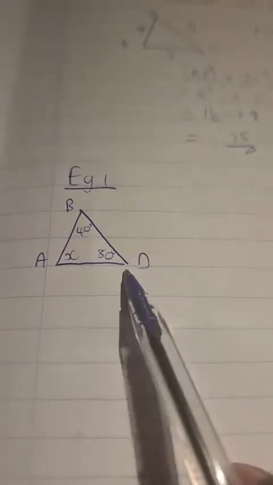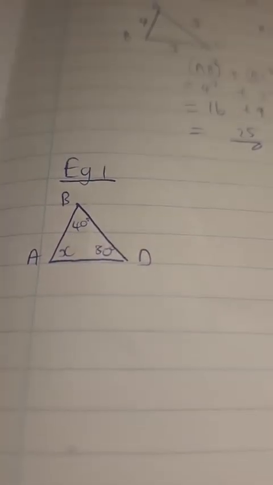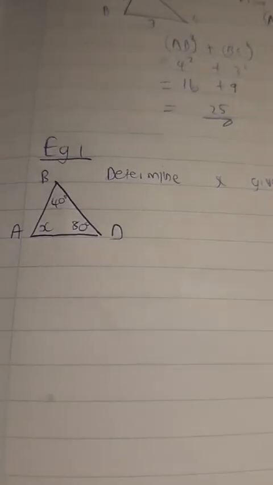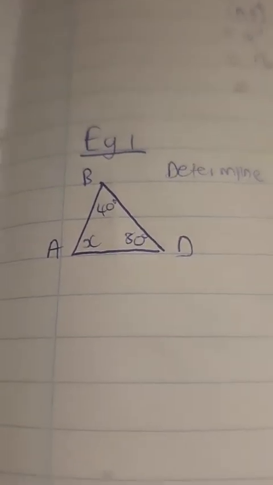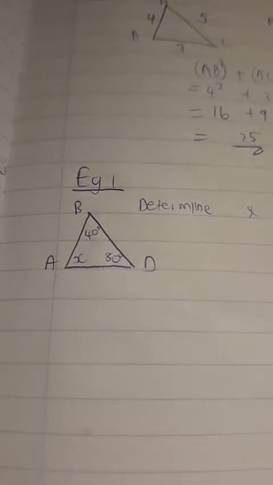Okay, that is 80, that is 40, that is x. And what they are saying here is determine x, give reasons. So guys, let me see. What do you guys think? Determine x, give reasons.